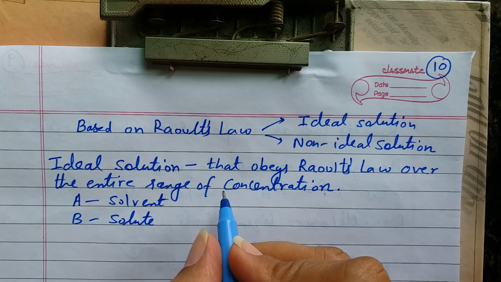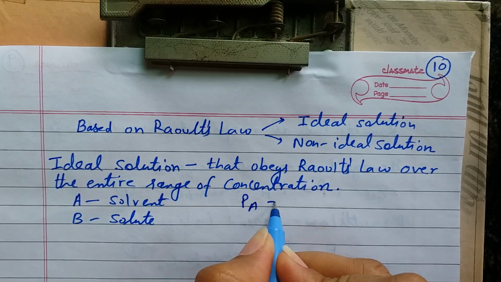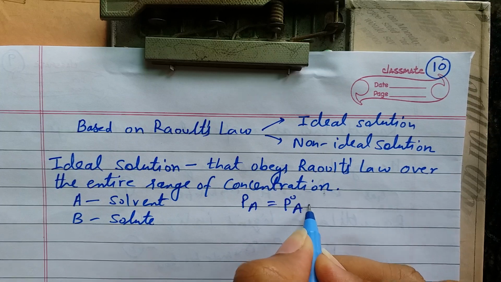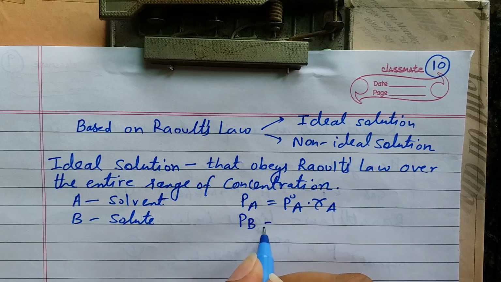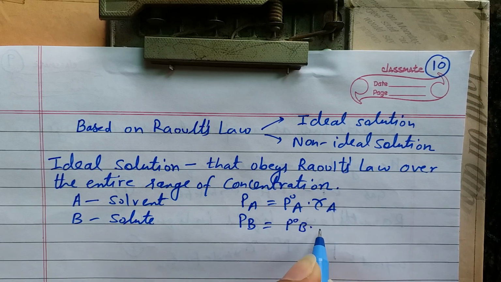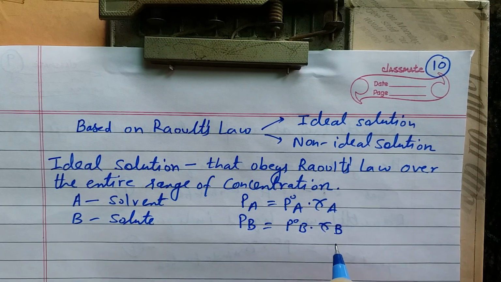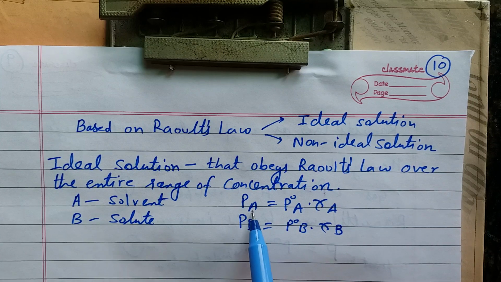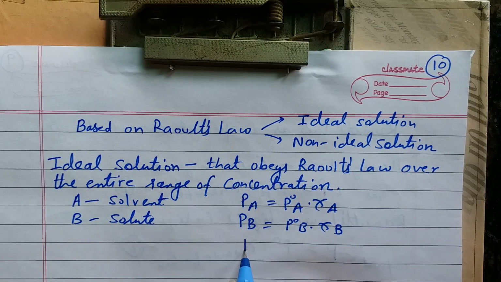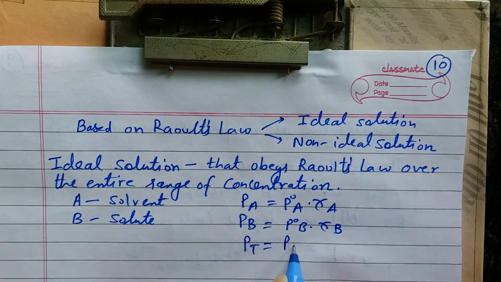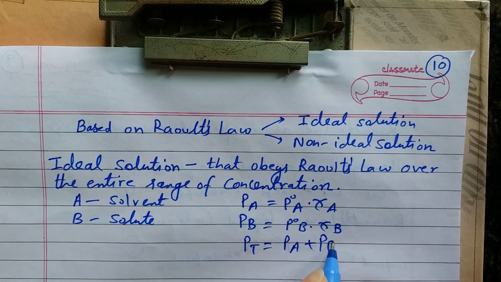Then, as per that, if you remember, PA should be equal to P naught A into chi A, and PB should be equal to P naught B into chi B. The partial pressures of the components are directly proportional to their mole fractions chi A and chi B. So P total will be equal to PA plus PB.